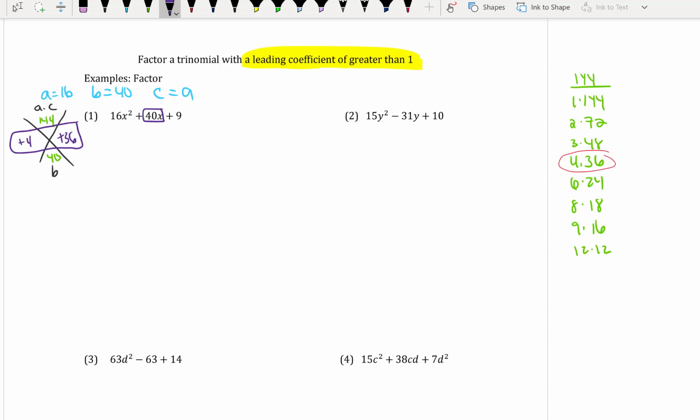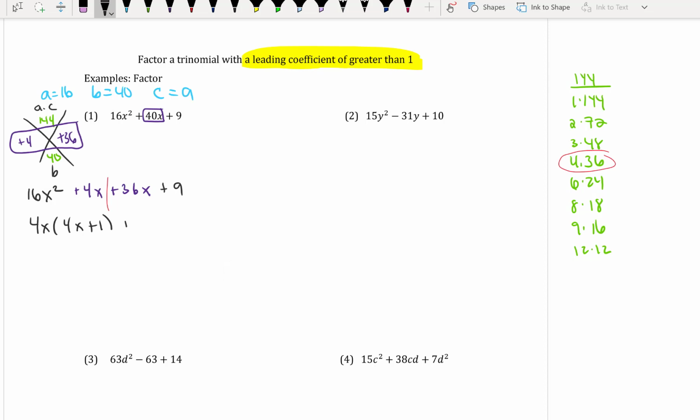Those two are going to replace that b value. So I have my 16x squared. And now to replace that original b, I'm going to have a positive 4x, a positive 36x, and I also have my plus 9. So I'm going to split this in half. The first two have a 4x in common, so I'm left with a 4x plus 1.